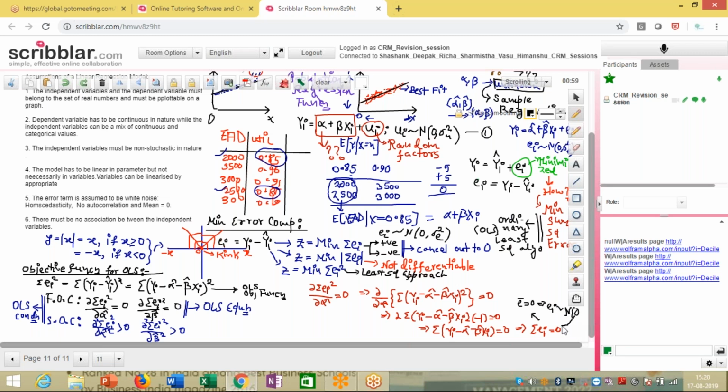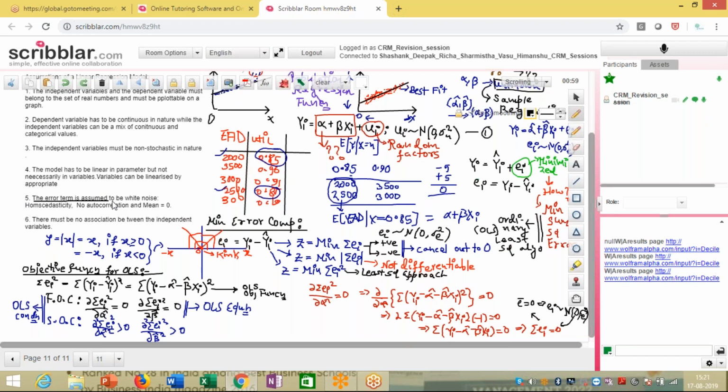So that 0 comes in from here. So this is the first and the most basic observation that we get to see from the OLS.